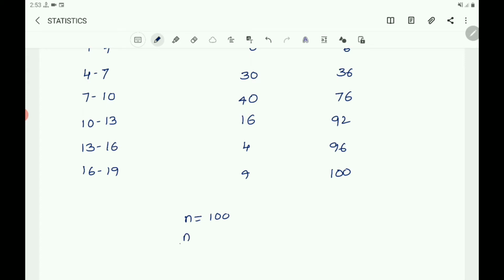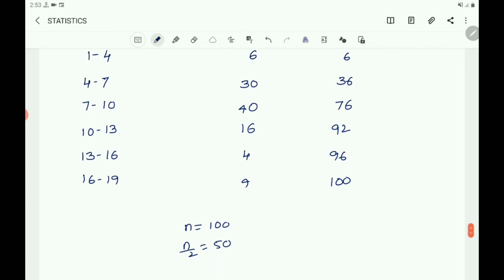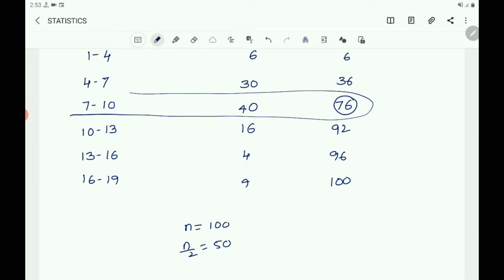Then to find the median class, you take n by 2, that is 50. And nearer greater to 50 is 76. Then you take the class 7 to 10. Here 76 is the CF of the class 7 to 10. Therefore 7 to 10 is the median class.